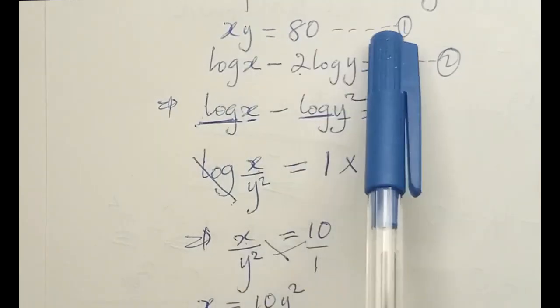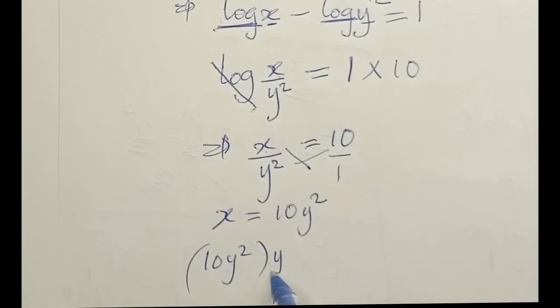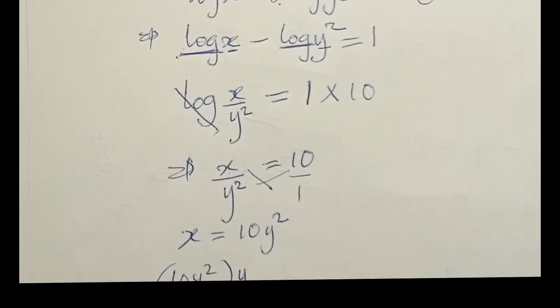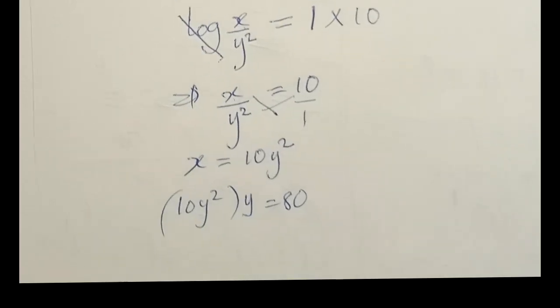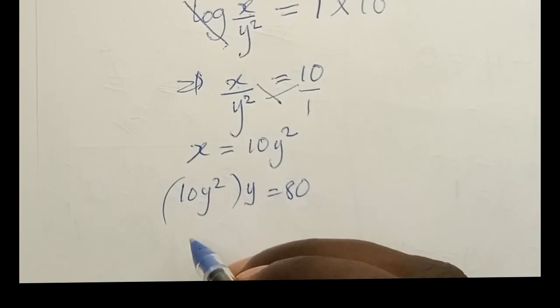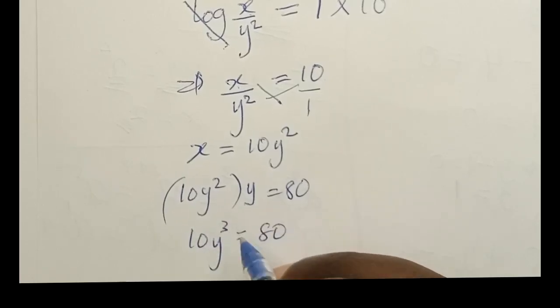If we do that, let's rewrite equation 1. X here becomes 10y square, times y, is equal to 80. In this case, 10y squared times y is 10y cubed. So we have 10y cubed is equal to 80.